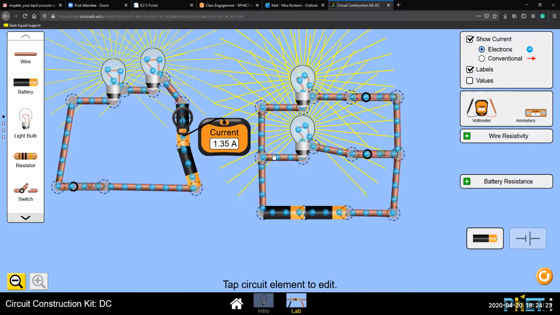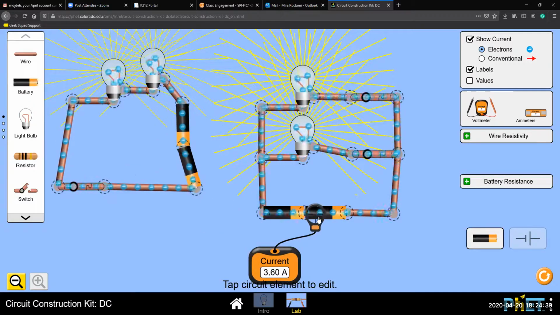So the other one, it became half. This one, if I bring it here, 1.35. Bring it here, 1.35. Because the same electrons have to go through the same thing, same electricity. Well, here 3.6, here 1.8. That means half goes here, half goes there.